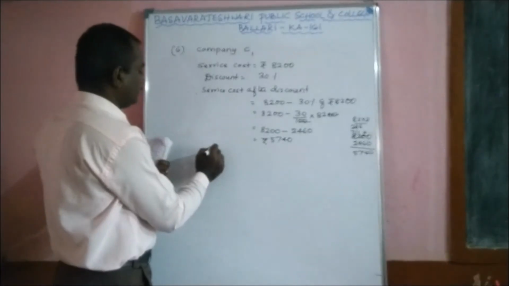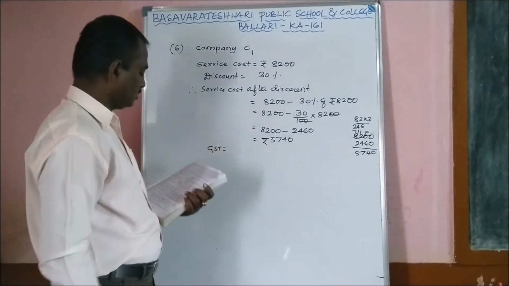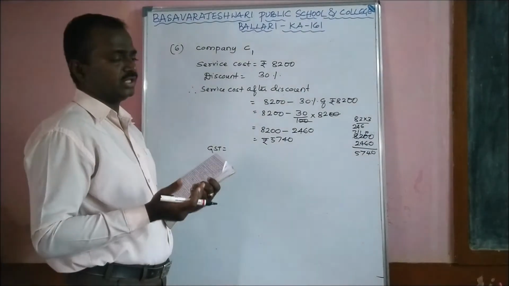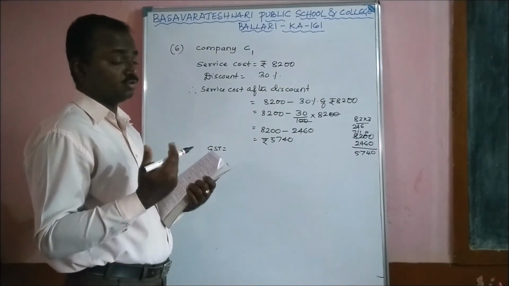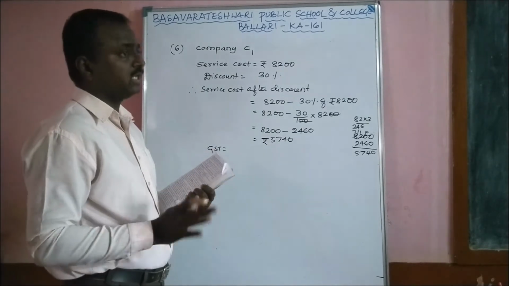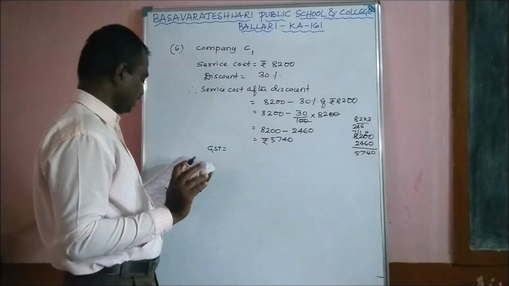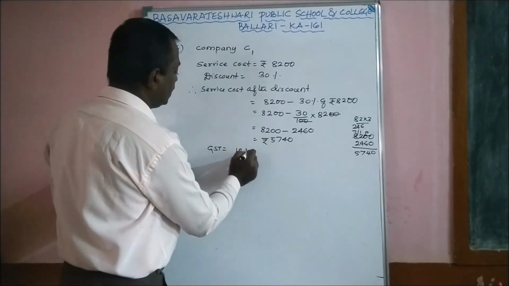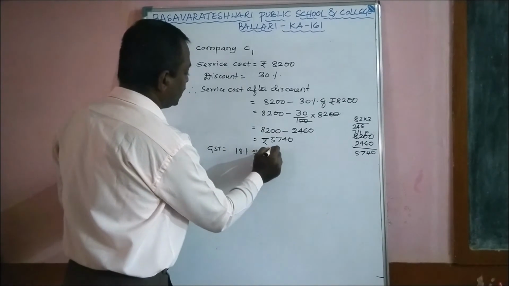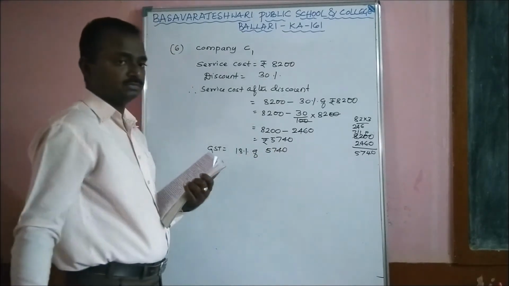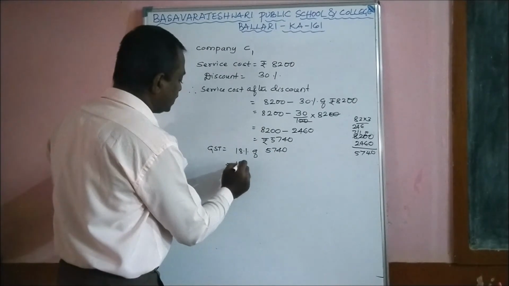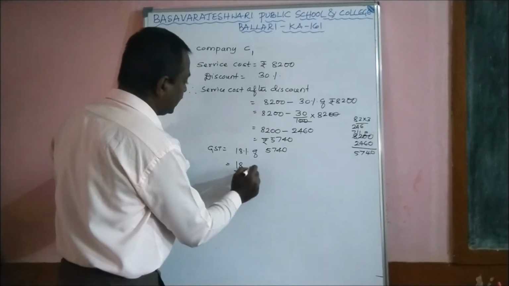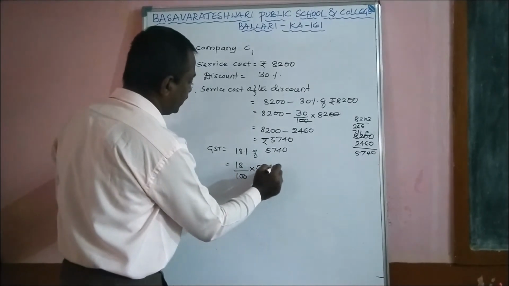Then we have to find the GST. No need to find input GST, CGST or SGST separately. Total GST, how much they are asking? GST is equal to 18% of rupees 5,740. That is 18 by 100 into 5,740.